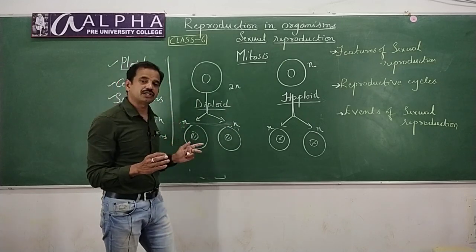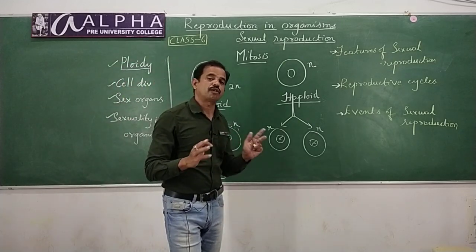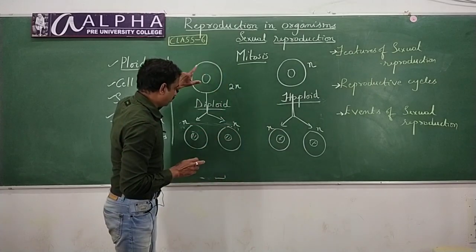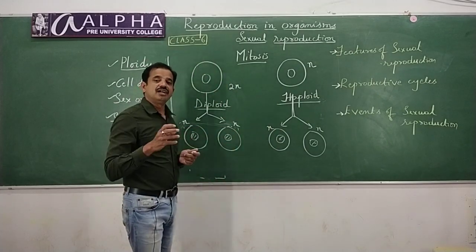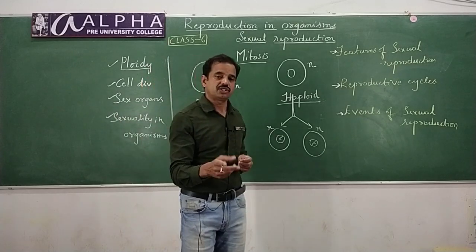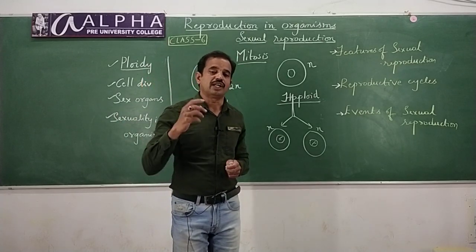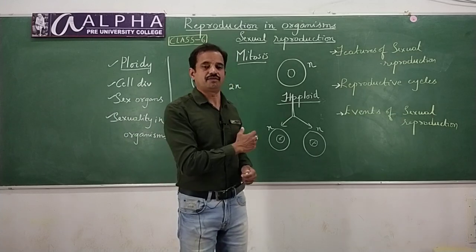There is a reduction in the number of chromosomes. A mother cell is having 2 sets of chromosomes, daughter cells are receiving just a single set of chromosome, the number of chromosomes is reduced to half.